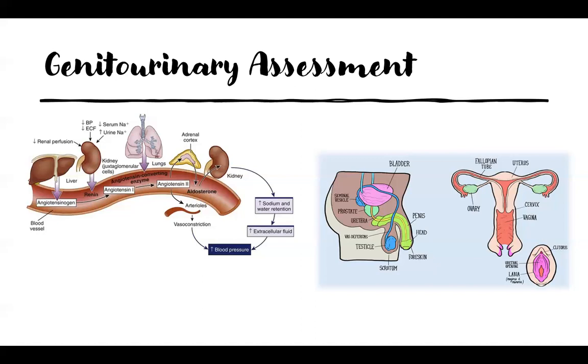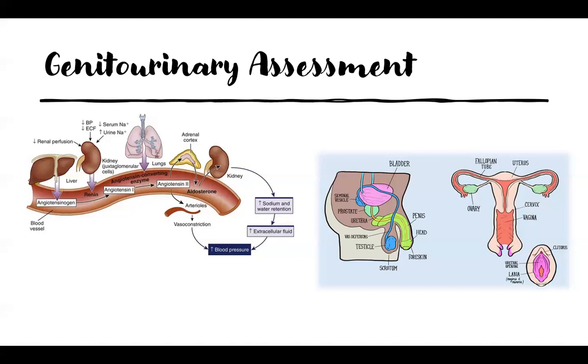This then stimulates the production of angiotensin 1, which is converted to angiotensin 2 in the lungs. Angiotensin 2 is a strong vasoconstrictor and stimulates aldosterone secretion. Vasoconstriction and sodium reabsorption result in increased blood volume and increased blood pressure.